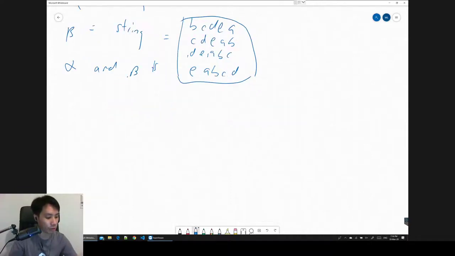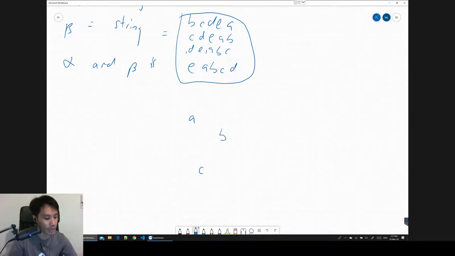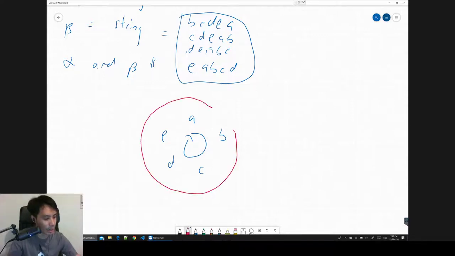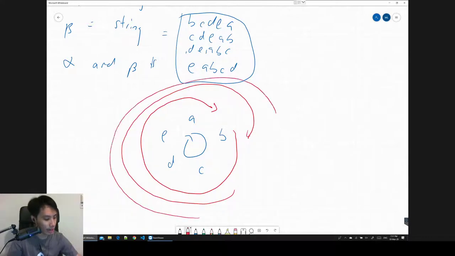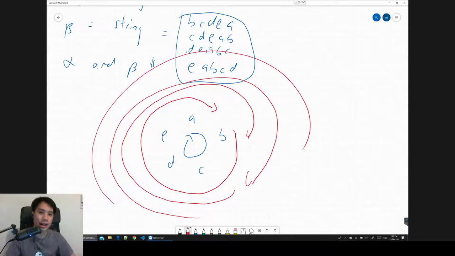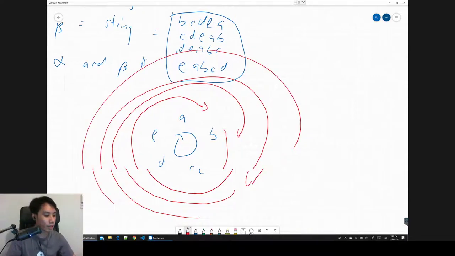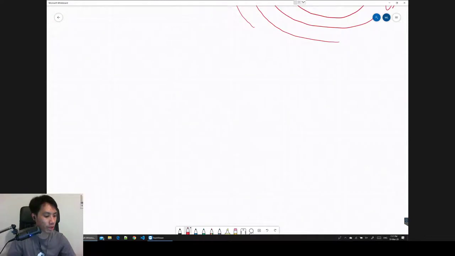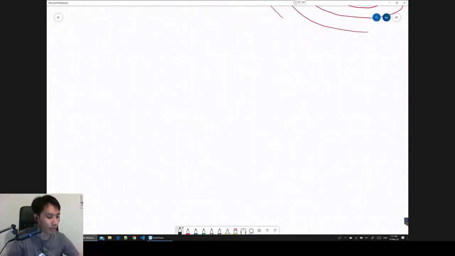If I were to visualize A, B, C, D, E in a circular form, beta can be B, C, D, E, A, or C, D, E, A, B, or D, and so on. You understand the point.